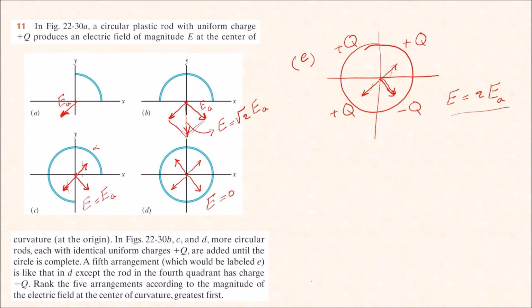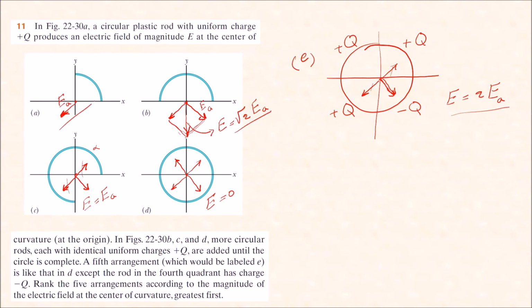If you have two vectors of the same magnitude at right angles to each other, you add them using either the triangle method or the parallelogram method. This is showing the parallelogram method. The parallelogram, in this case, happens to be a square, and the net will be the diameter of the square. The diameter of a square is always square root of 2 times one side. So in this case, it's square root of 2 times EA.